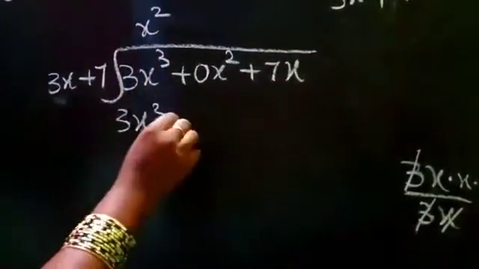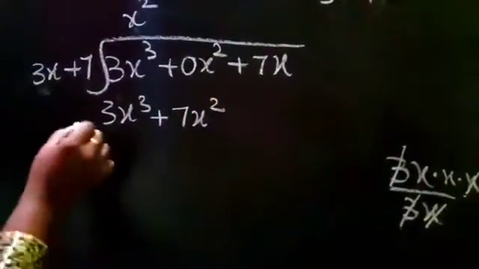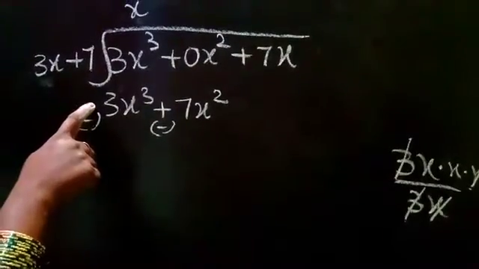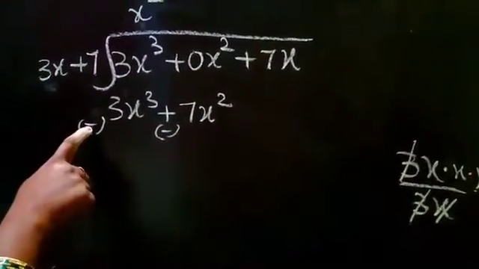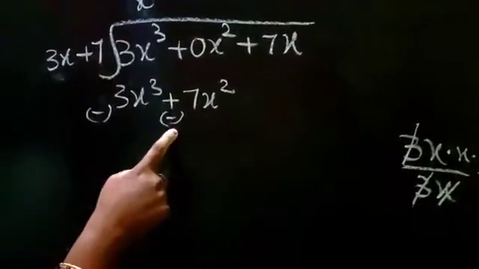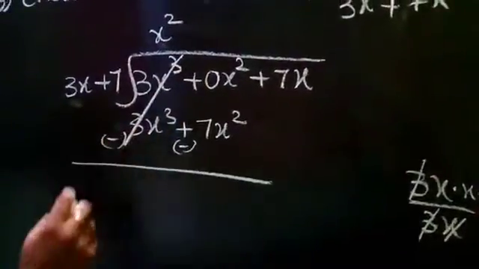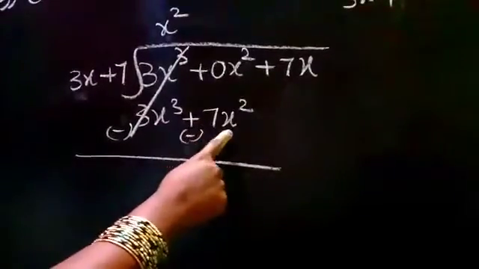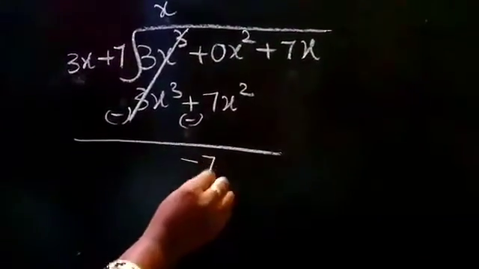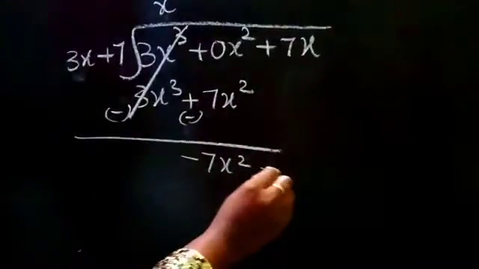Plus into plus, plus. x square into 7, 7x square. So we have to write minus in this place because we had plus here, that's why change the sign. Same like that we have to change the sign here. So minus and plus, same term is there, so it will get cancelled. Minus 7x square plus 0x square will give minus 7x square. Next we have plus 7x, which we bring down.